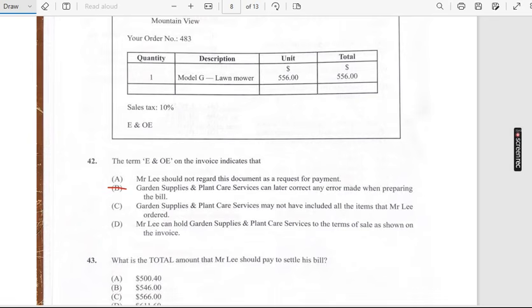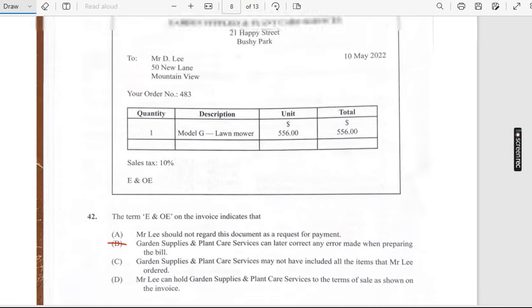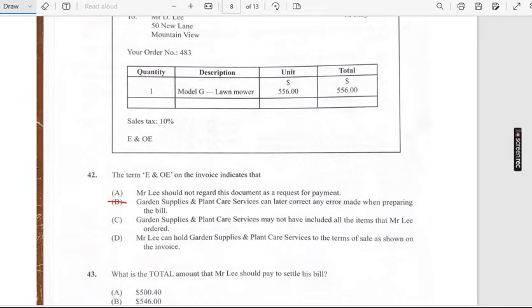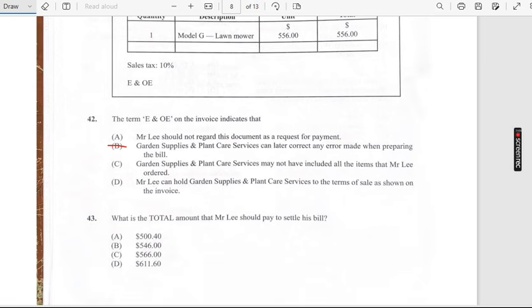This one is asking, so we have 556. Alright, so we have 556 right here, guys, right? Let's see on this one. 556. Total sale tax of 10%. Let me see, if he paid before the deduction, we have 556, right?